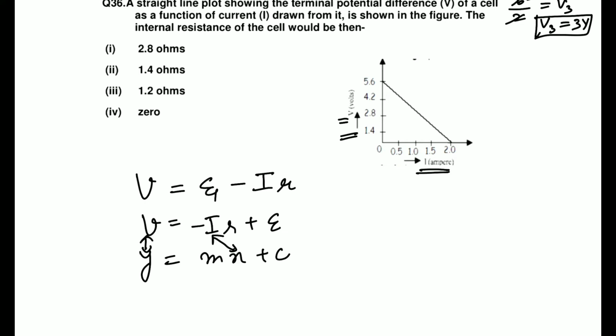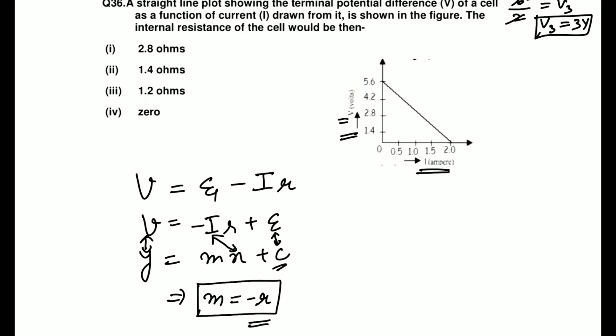And the intercept or the constant will have the value of EMF, right? Okay, so from here I can simply say my slope will be equal to minus of R. The negative of the slope will actually give me the value of internal resistance, right? So what I will do, I will just simply find out the slope here.